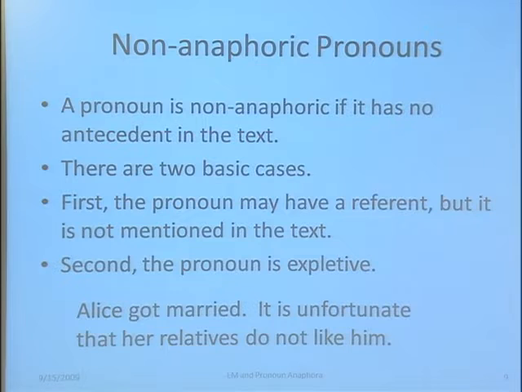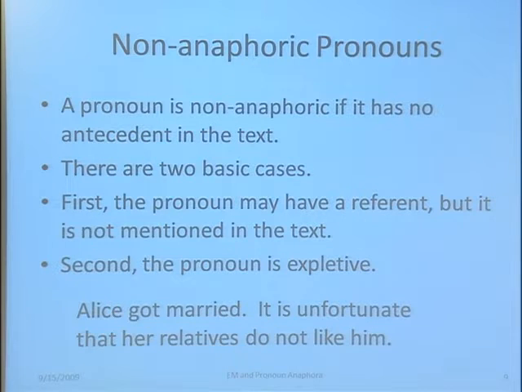The second possibility is that there is no thing in the world that this pronoun refers to. So consider: Alice got married. It is unfortunate that her relatives do not like him. So her has an antecedent, Alice. Him has a referent, namely the person Alice is intending to wed, but no antecedent. It has neither.